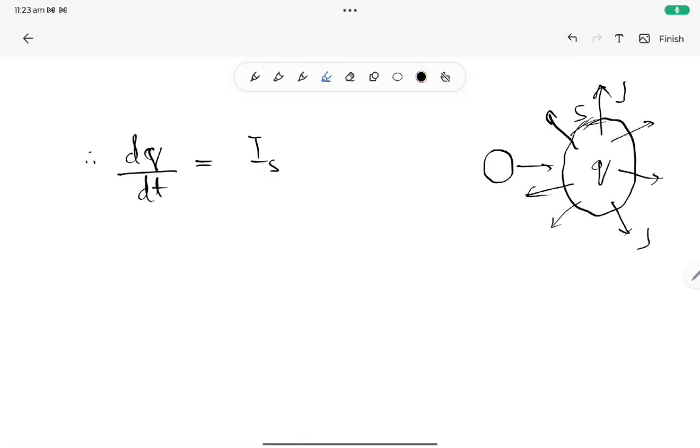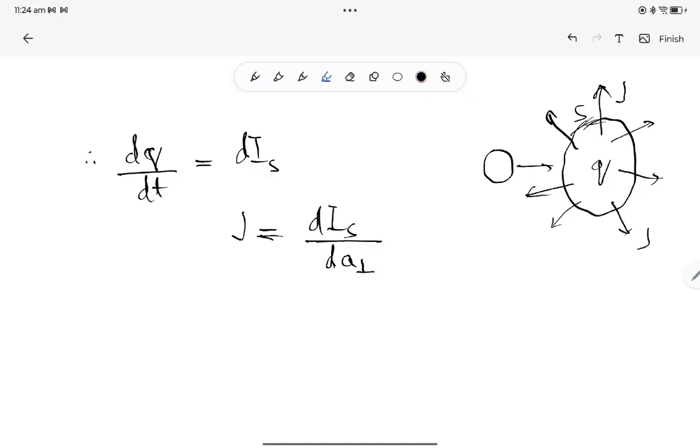Current through the surface can be related to the current density J by this expression. J, the current density, is current by the area through which it passes. Let us take these small infinitesimal things: dI by dA perpendicular. What does this mean?